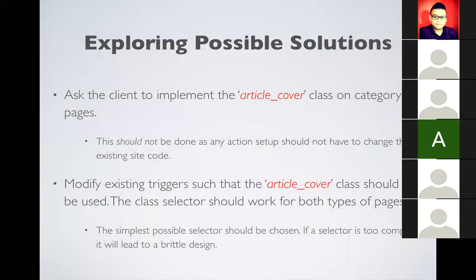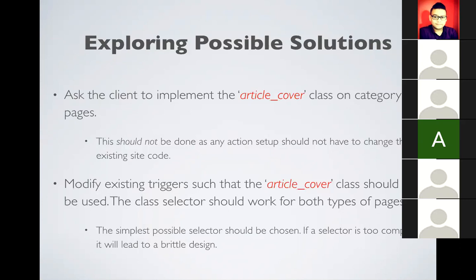So what could be our possible solution then? Well, one solution could be we can simply ask the client to implement the article cover class on category pages. Now, this would work, but this would be a terrible solution for a couple of reasons. First is we should not expect the client to make changes on their end when we're implementing actions. That's just bad practice.